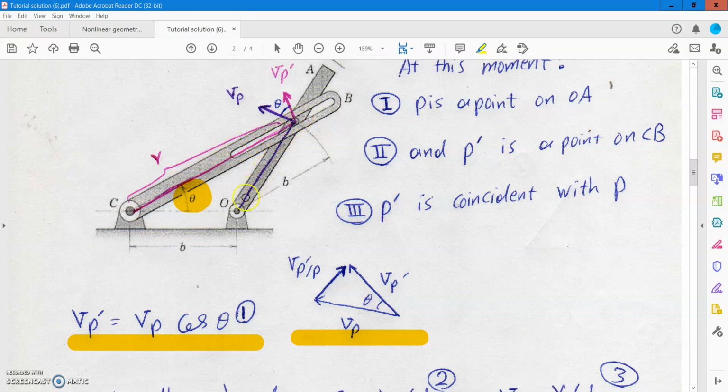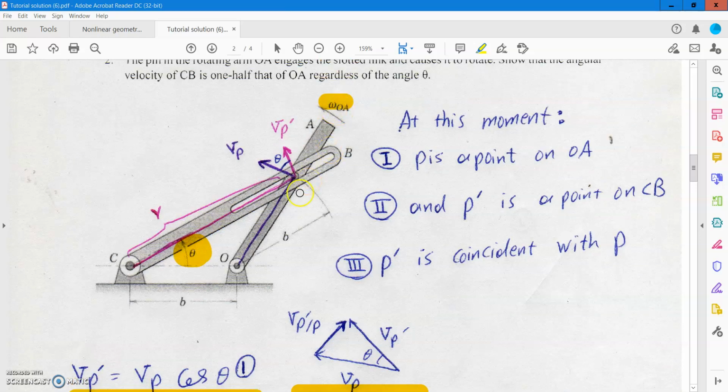So the velocity VP is equal to omega OA times B, and the velocity of a point on the link CB, which we call VP prime, is R, the length, times omega BC.